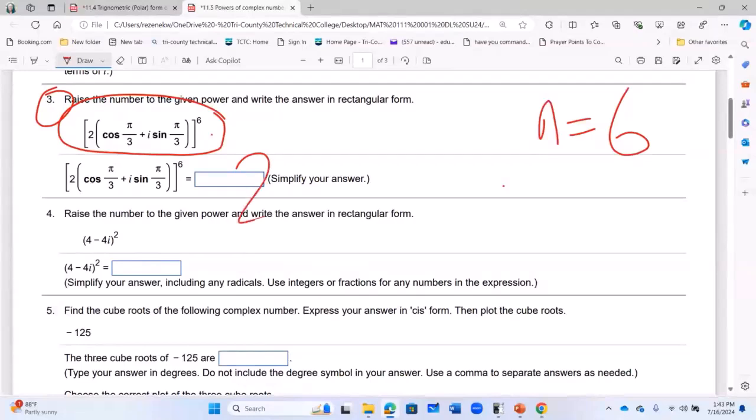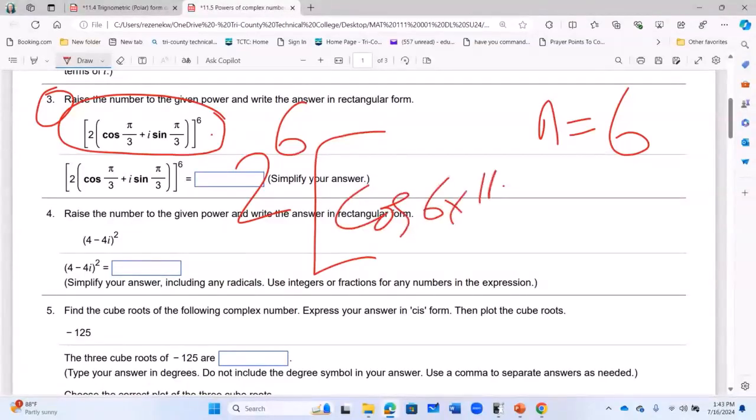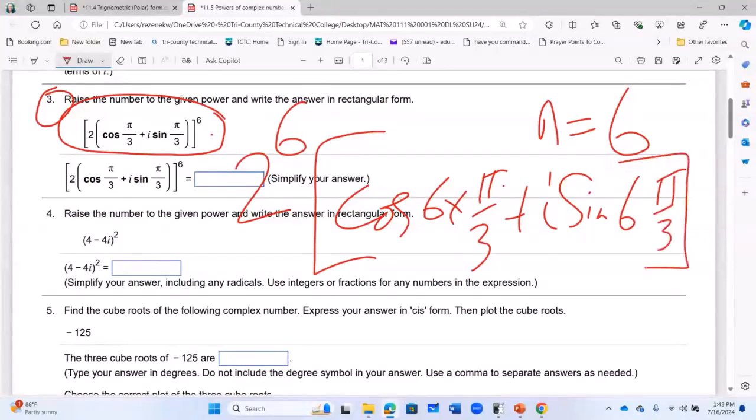raised to power n, that's 2 to the 6, times big parenthesis cosine of 6 multiplied by pi over 3 plus i sine of 6 multiplied by pi over 3.